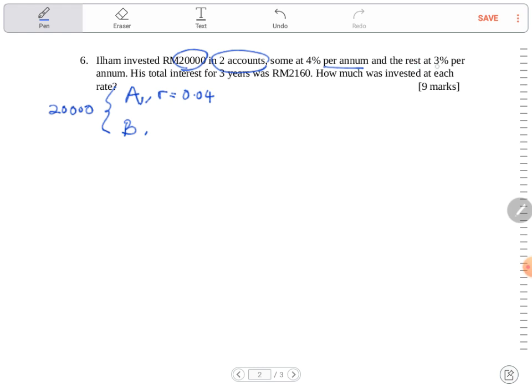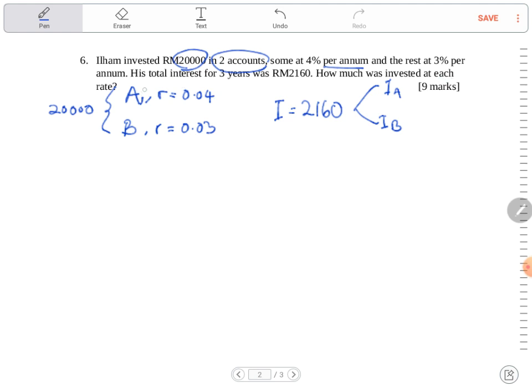The second account, the rest is 3% per annum. So R equal to 0.03. His total interest for 3 years was 2160. Means that we have interest from account A and interest from account B. So how much was invested at each rate?